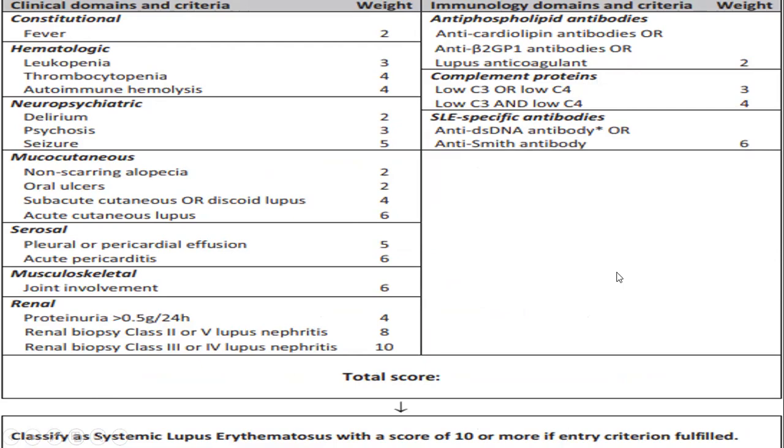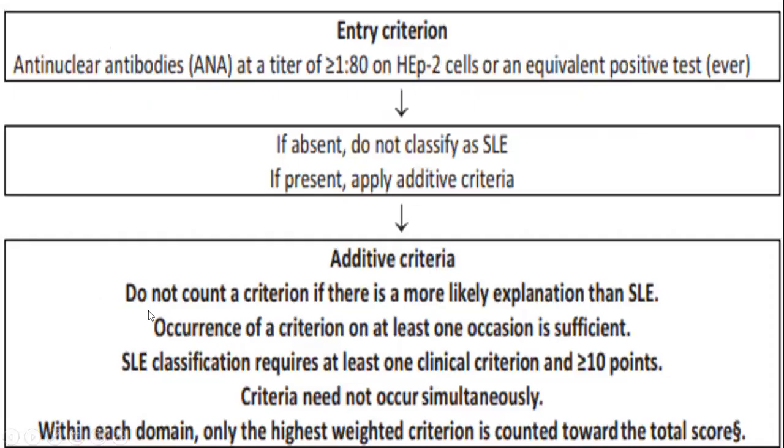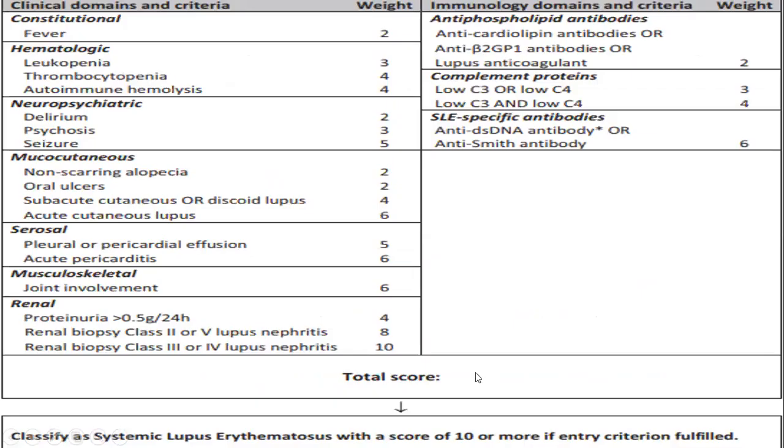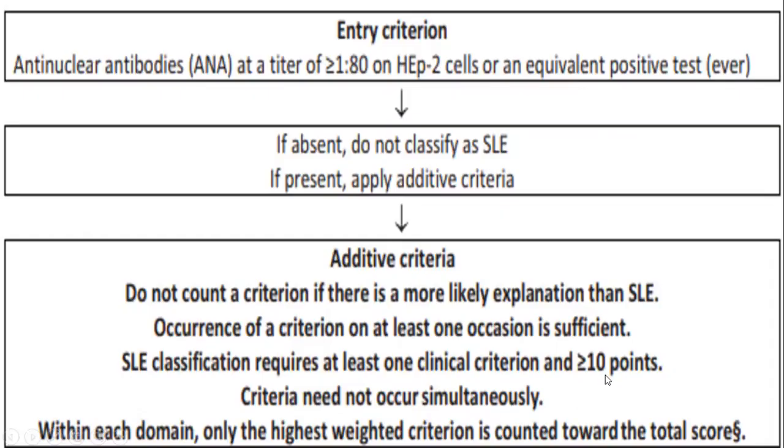This is if the entry criterion is fulfilled. You do not count a criterion if there is a more likely explanation than SLE. What's important to note here is that SLE classification requires at least one clinical criterion and 10 or more points.